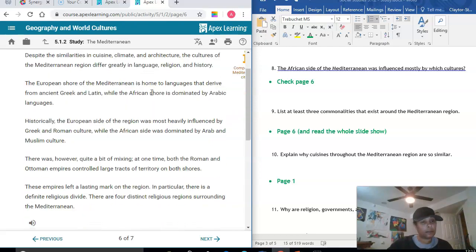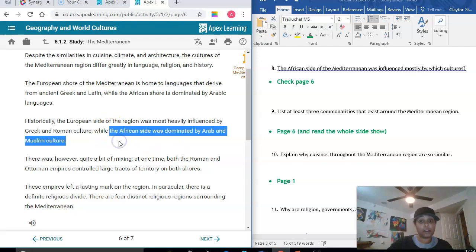I'm going to stay at page 6, so let me go down a little bit more. And then it says, historically, the European side of the region was most heavily influenced by Greek and Roman culture, while the African side was dominated by Arab and Muslim culture. There you go. Take a look right there, and there's your number 8.